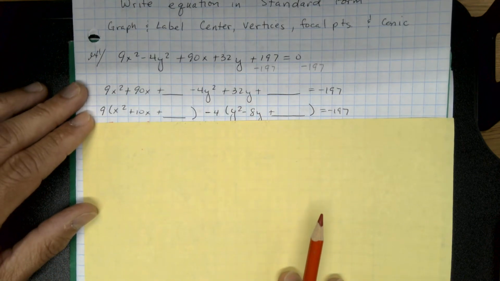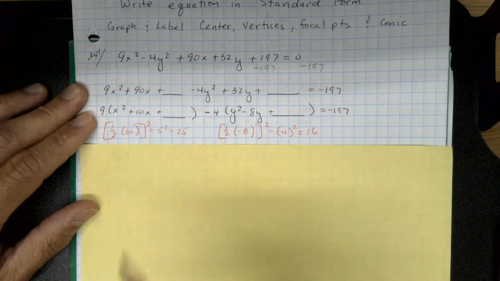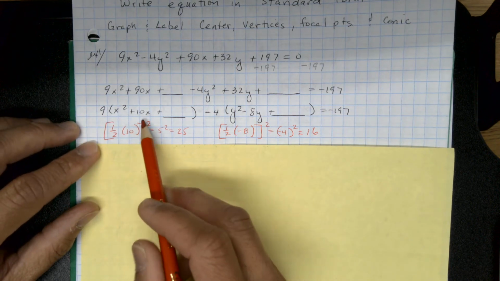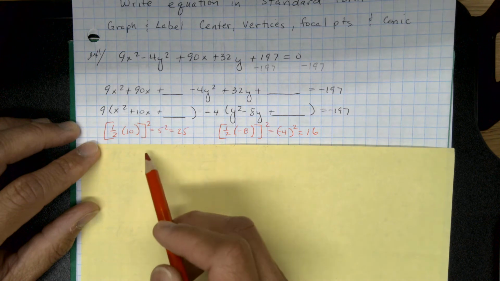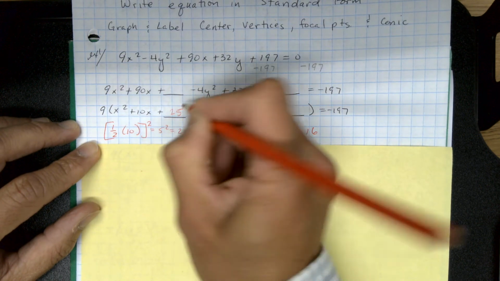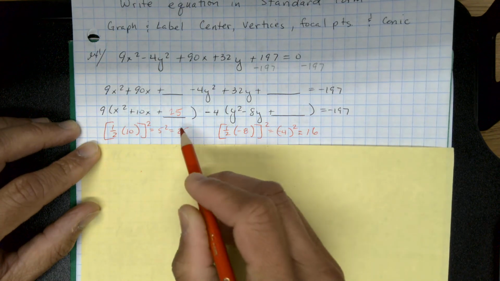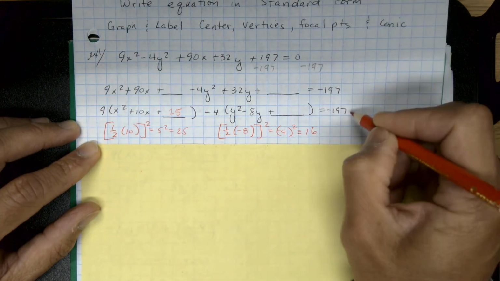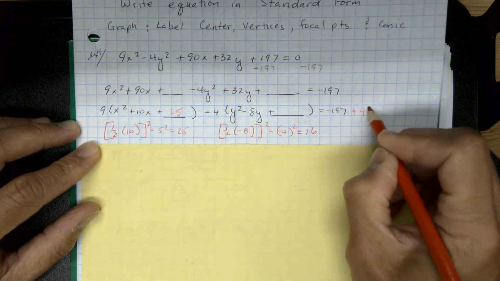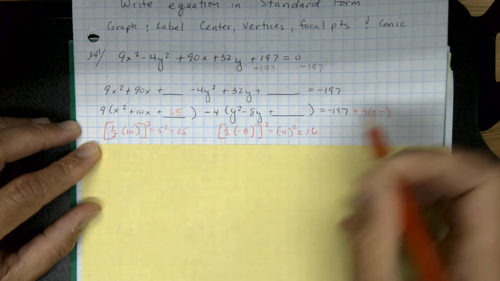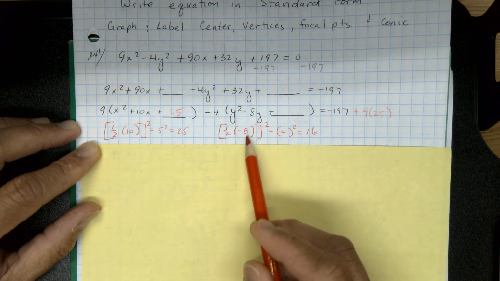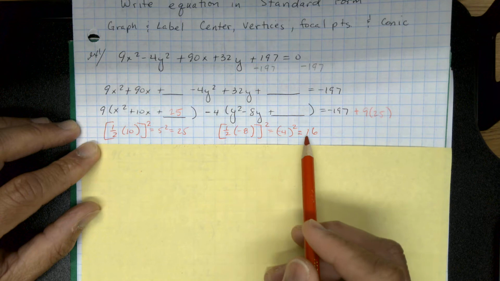Next, we're going to complete the square. So when we complete the square, it's half the linear coefficient, and we square it. So this is now 25. And we're not adding 25, we're actually adding 9 times 25. Half of negative 8, the coefficient, is negative 4. Negative 4 squared is 16.